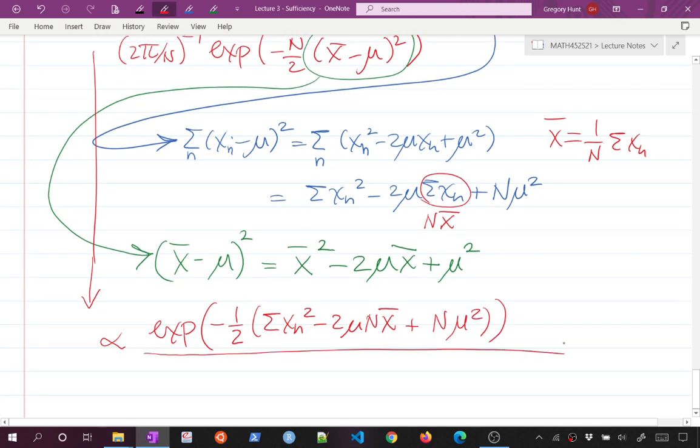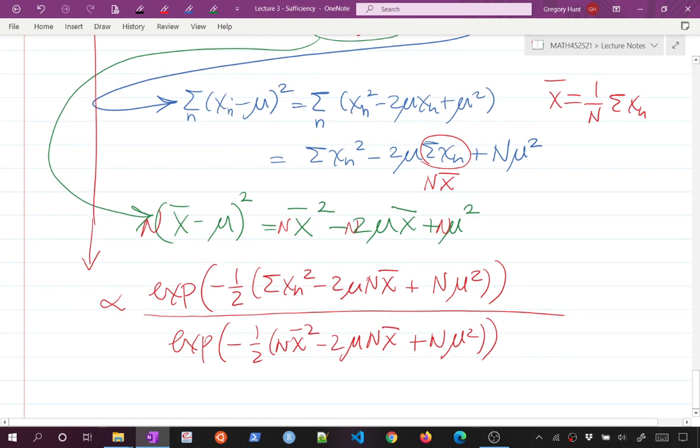And now in my exponential, I have a negative 1/2, and I'm going to push this n through here, so I can push an n into each of those places. I will get n x bar squared, I will get minus 2 mu n x bar, and I will get plus n mu squared.